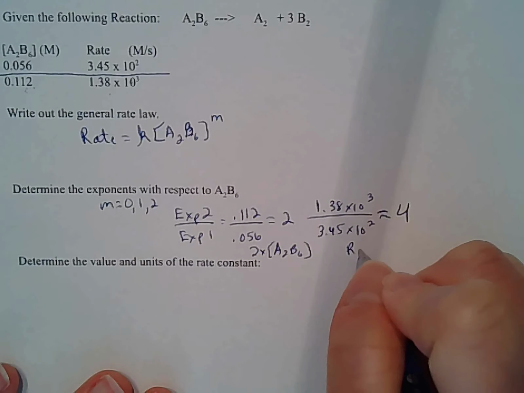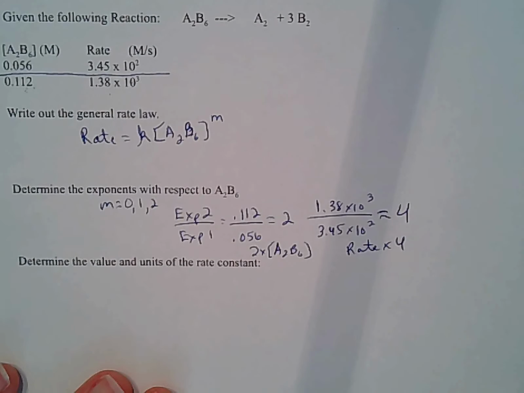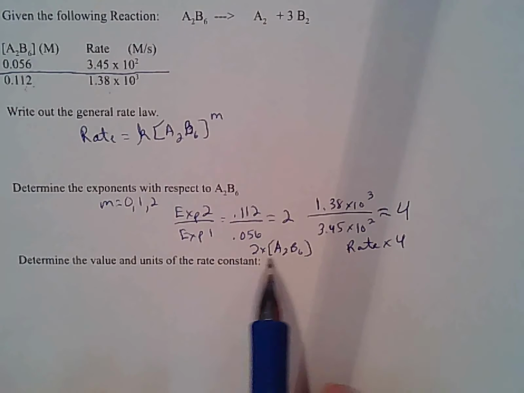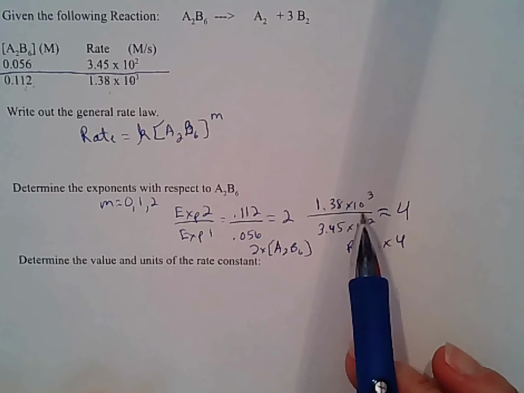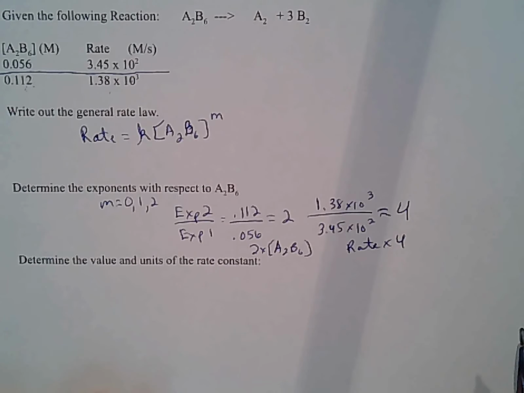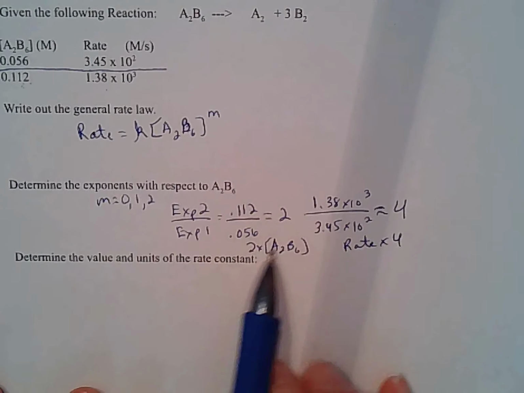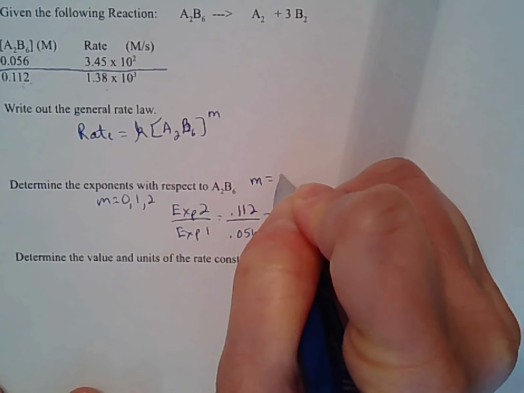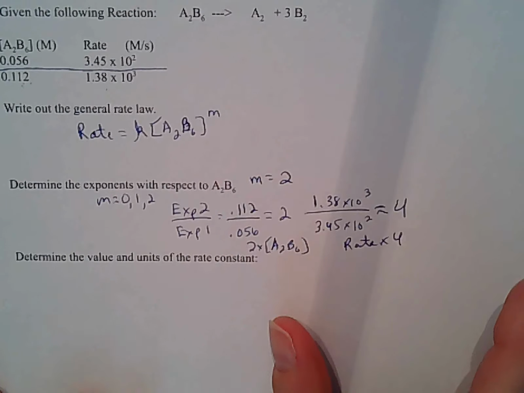What is happening to the rate? It is going up by a factor of 4. For this type of problem, you can verbally write out your answer, or show me the math calculation so I can see where you got your numbers. Because the concentration is doubling and the rate is going up by a factor of 4, I know that M must be equal to 2. It must be a second order reaction.